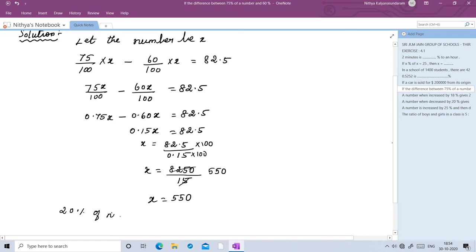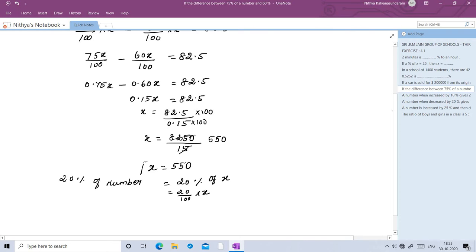20% of the number is equal to 20% of x. So it's equal to 20 by 100 into x. The x value we got is 550. So substitute this x: 20 divided by 100 into 550. The zeros we can cancel. 5 twos are 10, 5 elevens are 55, so 10 into 11 is 110.